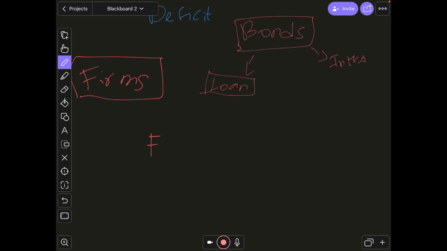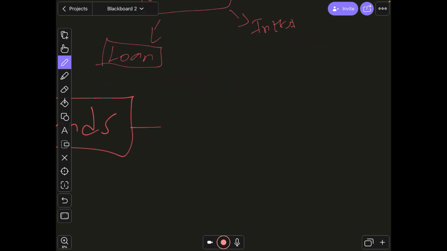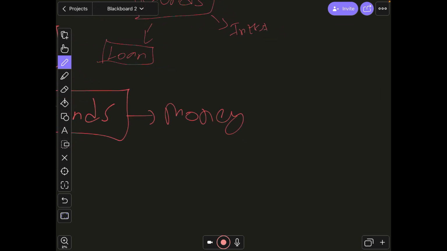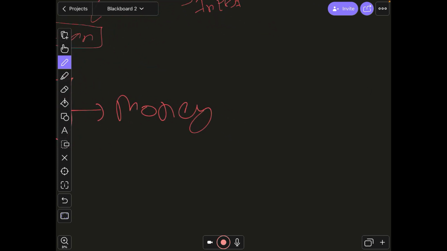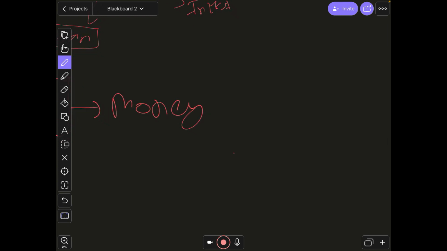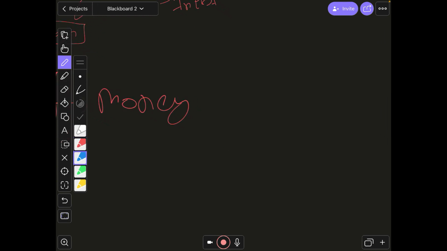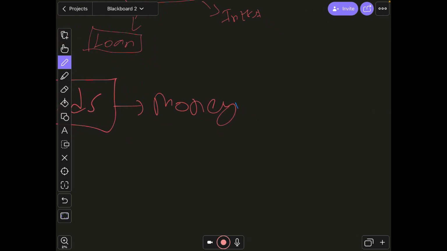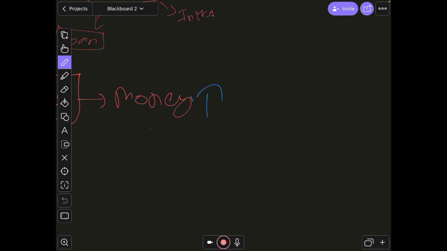These funds are in the form of money, because the government wants money, and the firms also want money, obviously. So when the demand for loanable funds goes up, the demand for money goes up.